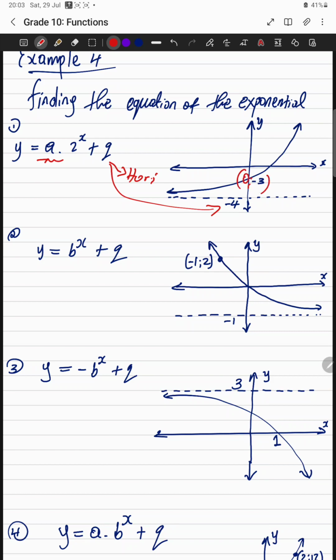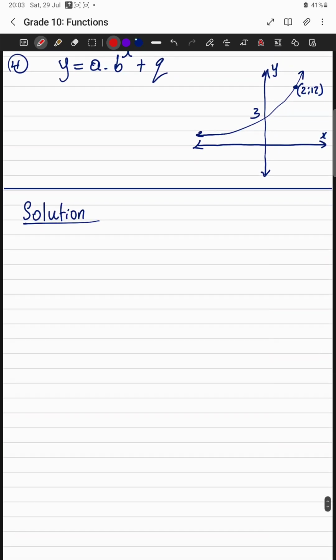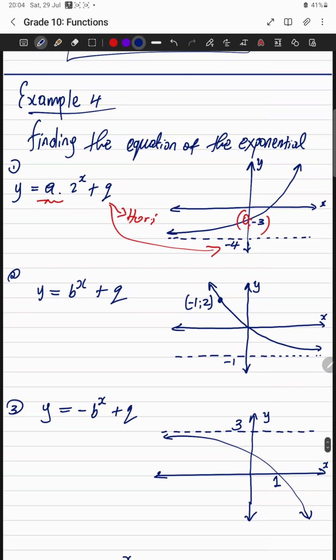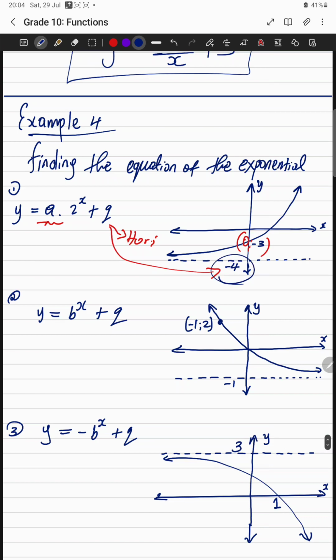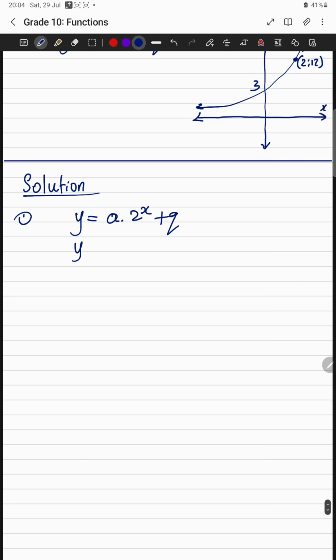Yeah, let me just write it in this way. So let's just try to look at the first part. So y is equal to a times 2 to the power x plus q. We said in the first question that the horizontal asymptote is -4. So that means in the place of q we're going to put -4 like this.